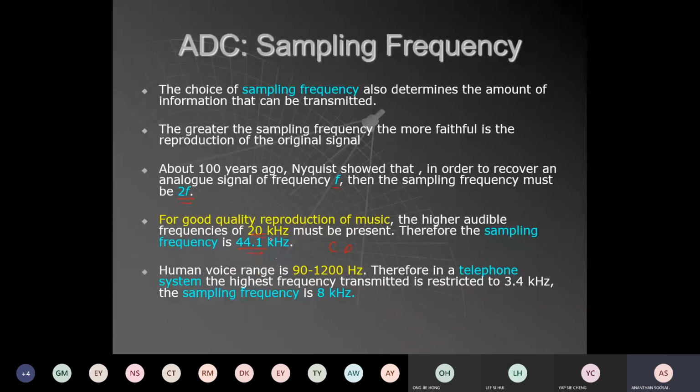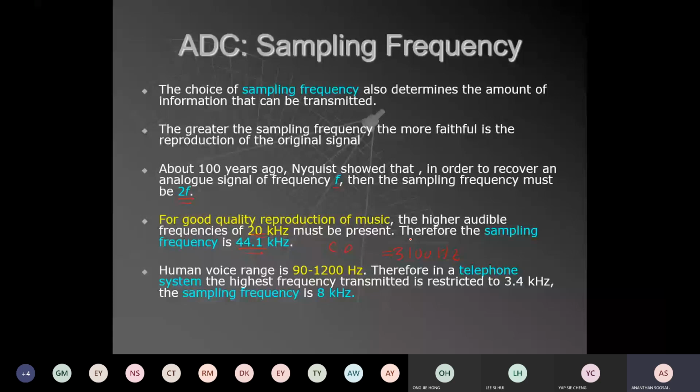Human can sense up to 20 kilohertz, but human voice can give up to 1200 hertz. From Google, they stated 3000 plus hertz, maybe 3100 hertz can be produced by an opera singer.